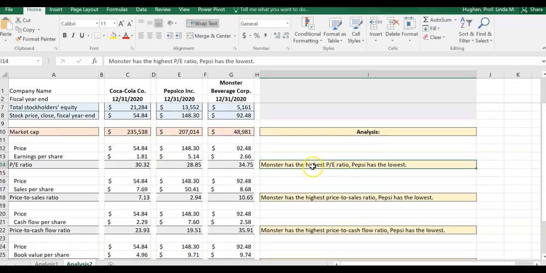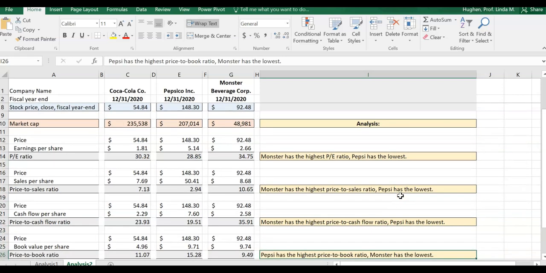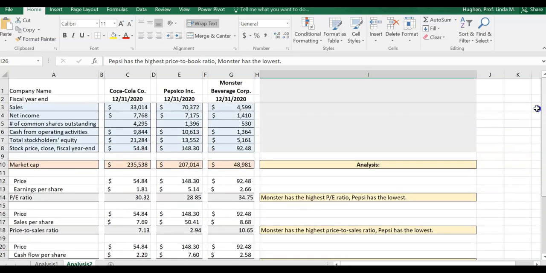Monster has the highest PE ratio, Pepsi has the lowest. We see the same thing for price to sales. We see the same thing for price to cash flow, so some consistencies giving us some information about relative values. For price to book, well, we saw that Pepsi has very little equity compared to, let's say, sales, compared to Coke.